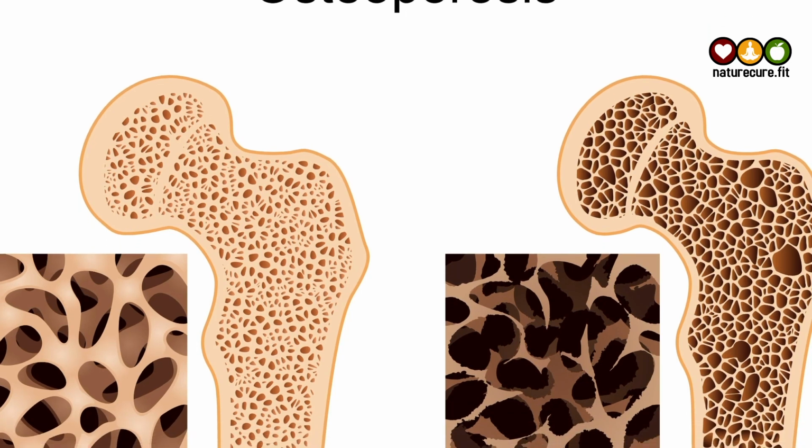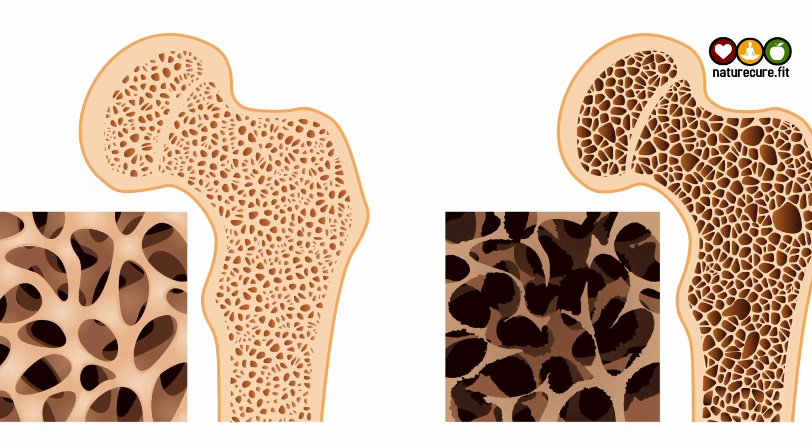And apart from that, we have osteoporosis, a disease of the bone because of deficiency of vitamin D, calcium, and other minerals like magnesium, potassium, manganese, and all the other nutrients for the bone. Then we can think of tendons and the muscles attached to them.